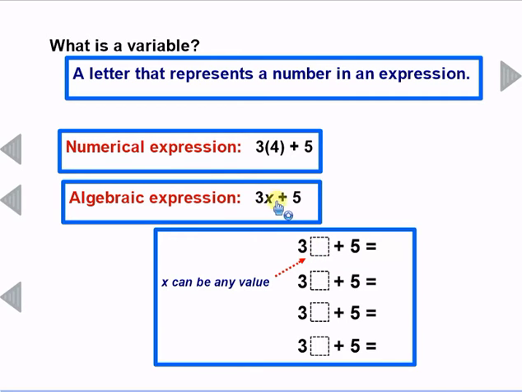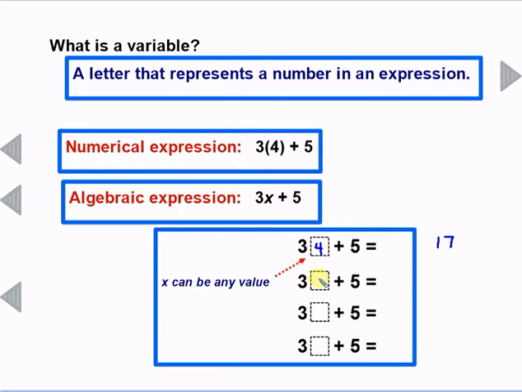In this case, we'll pretend like this x is changed into a little box. And x can be any value. So x could be 4, as it is up there in that problem. So what would happen if we put 4 in here? 3 times 4 plus 5, well, 3 times 4 is 12, plus 5 would be 17.